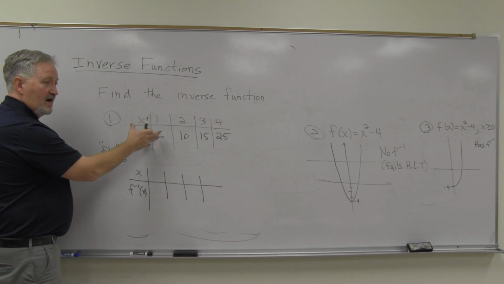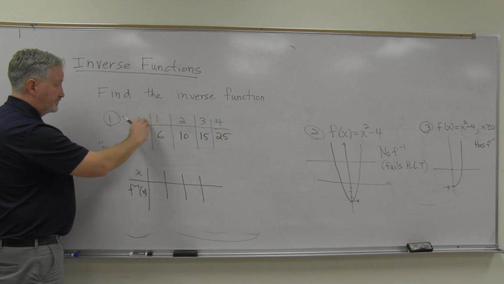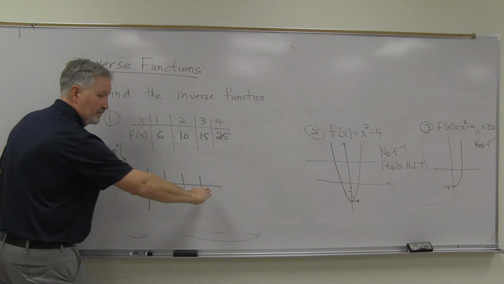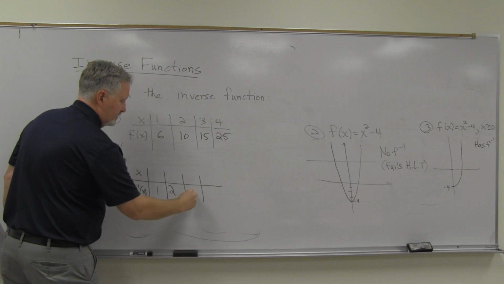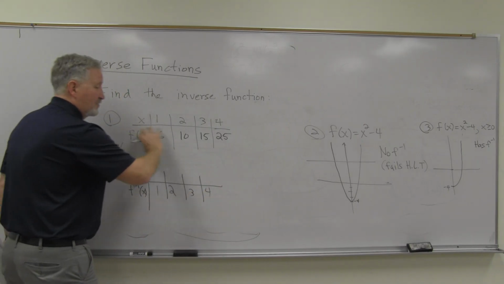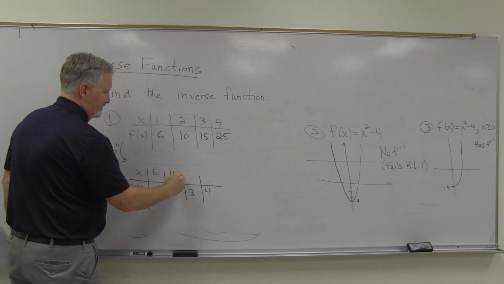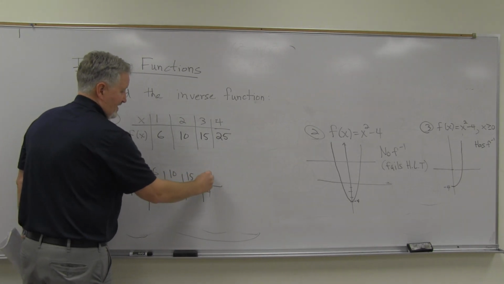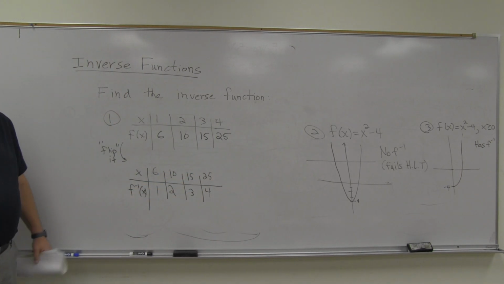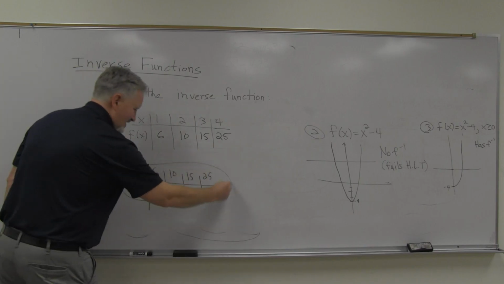Make your x's the y's and the y's the x's. So these are the x's here, and they'll be the y's down here. These are the y's, so those will be the x's up here. That's all you have to do. That's what an inverse does. Flip the x's and the y's. Pretty simple, huh? Just have to know that's what you've got to do.